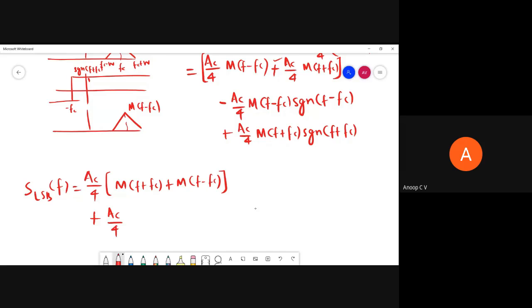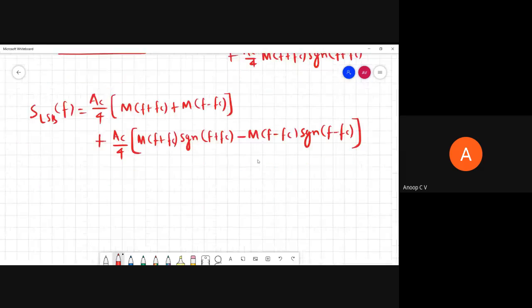So AC by 4 into, now I can write, m of f plus fc times signum of f plus fc, minus m of f minus fc times signum of f minus fc. So we can write it like this now, right?